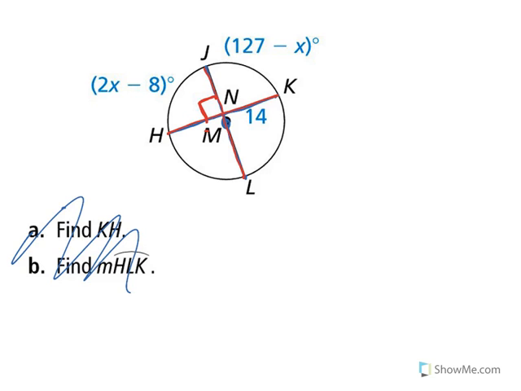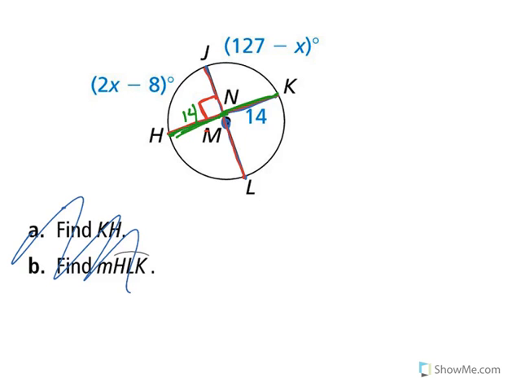So that means that this is going to be equal to this. Yes? So that would mean that if NK is 14, then HN must also be 14. I'm pausing. I hope that makes sense.